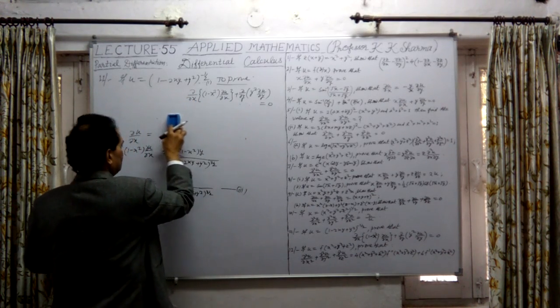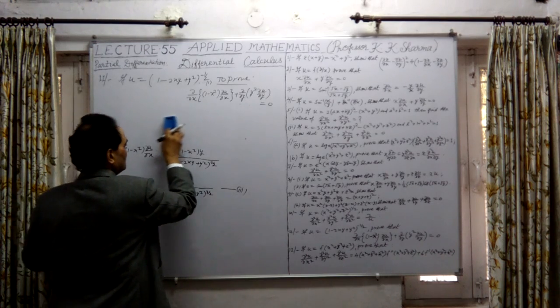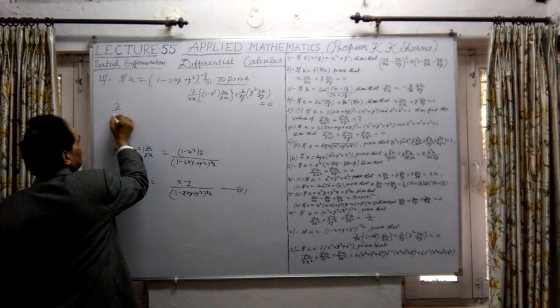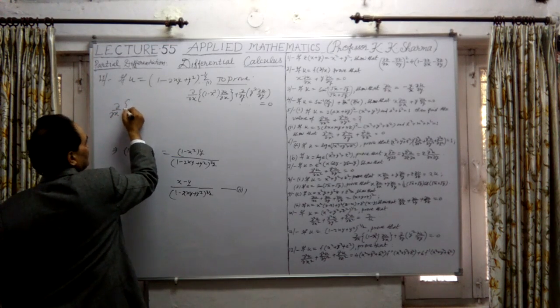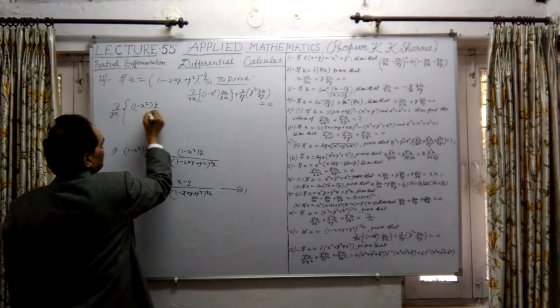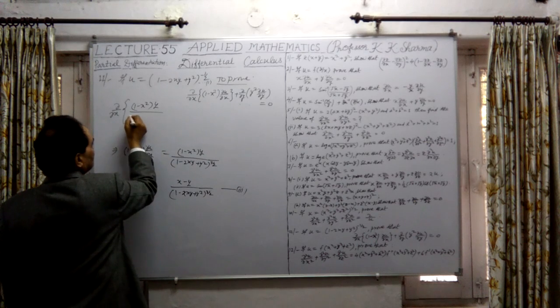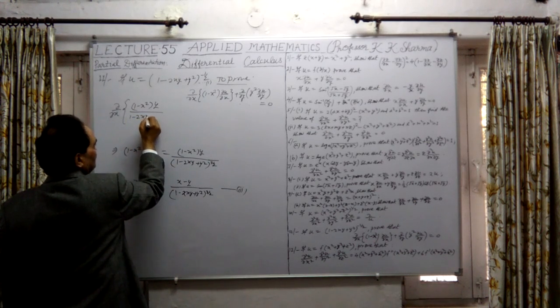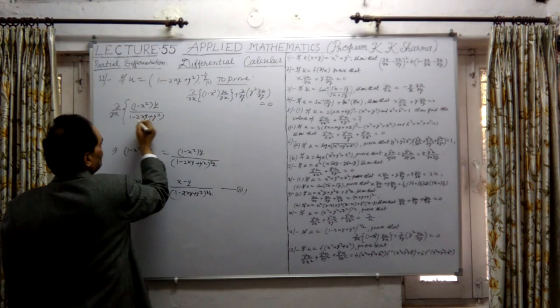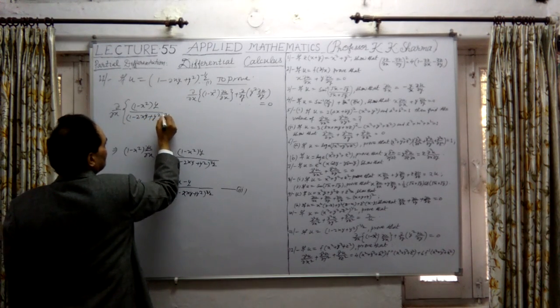Let me write it here. So this we obtained: del x within the bracket, this value (1 minus x^2) into y divided by (1 minus 2xy plus y^2) whole power 3/2.